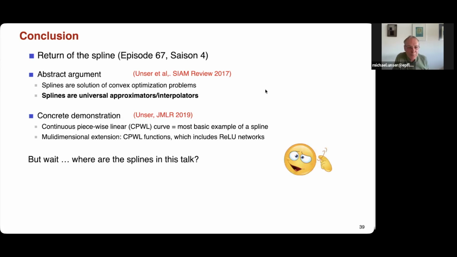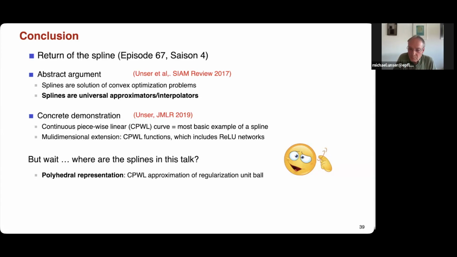Yeah, a little, just before. So where are the splines? Well, actually, my talk is full of splines. Polyhedral representation: when you represent a unit ball by a polytope, you are doing a spline approximation of the unit ball. So there's still spline in the background.